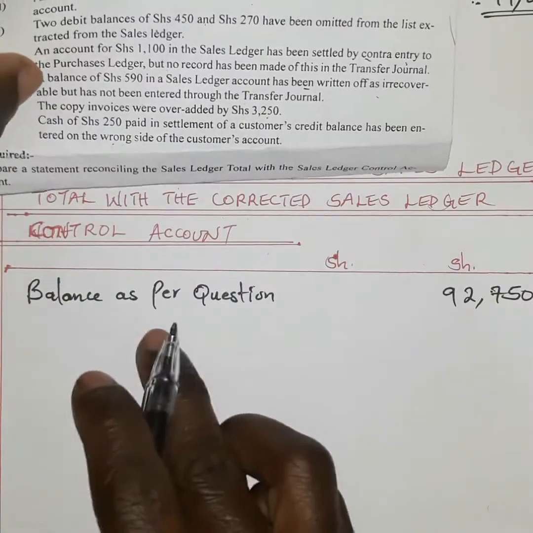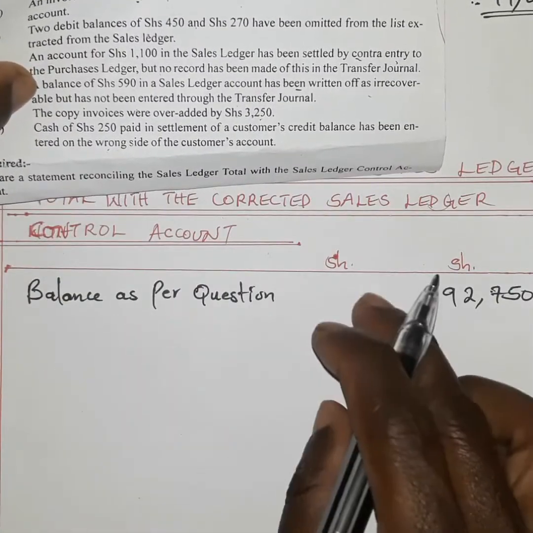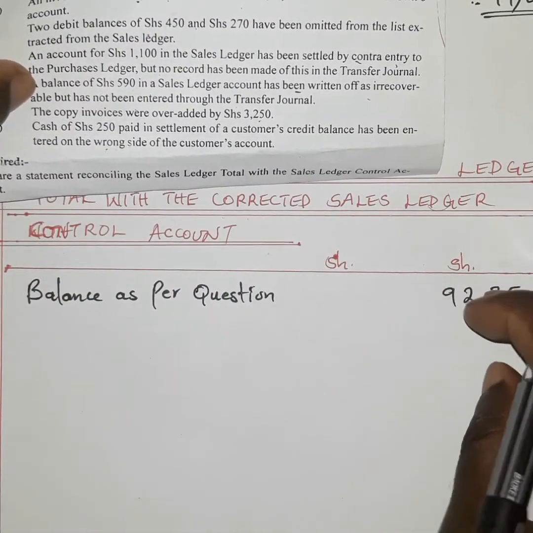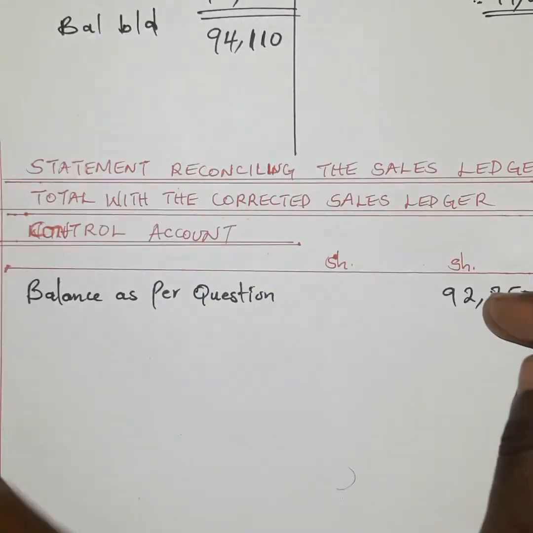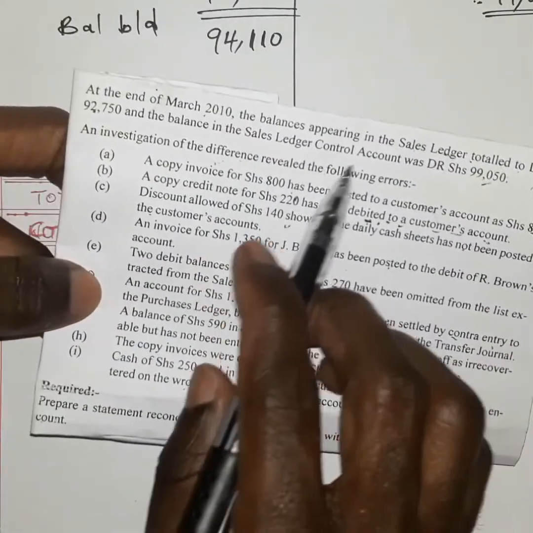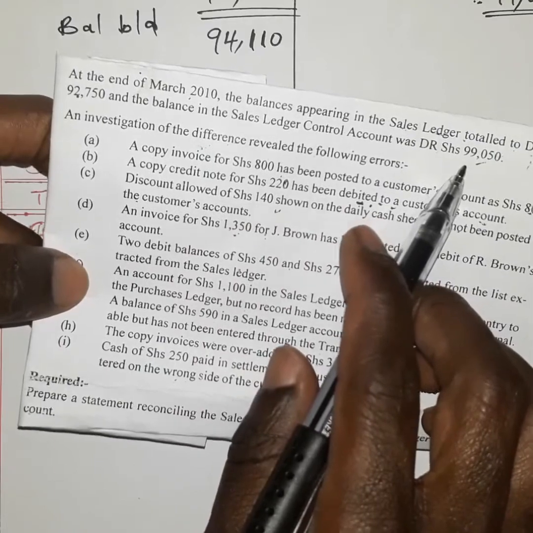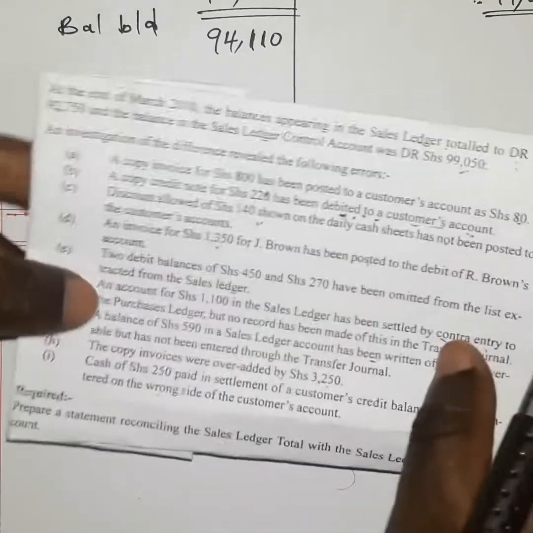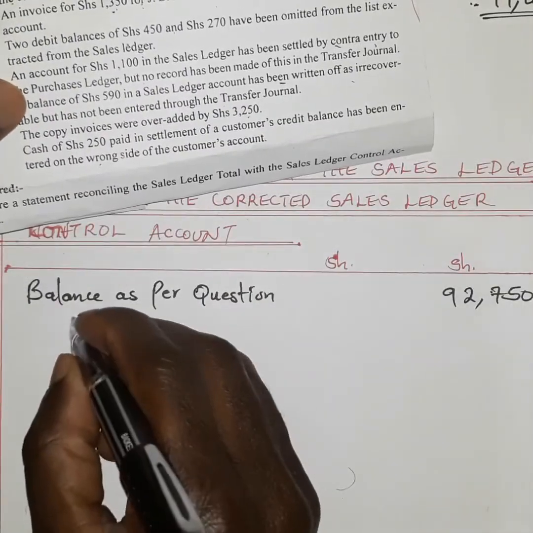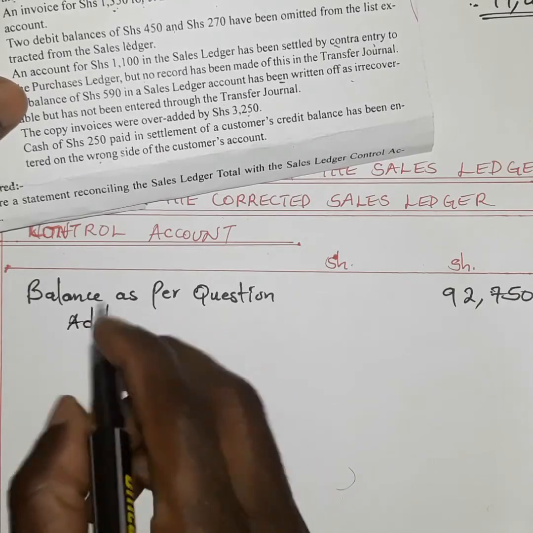So we are supposed to add any item which makes it not agree with the total of the sales ledger control account of 98,050. So we are supposed to add any item which is not reflected.